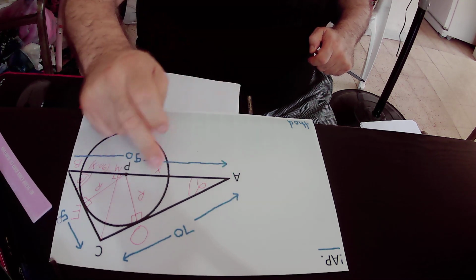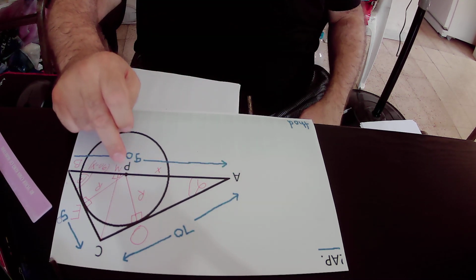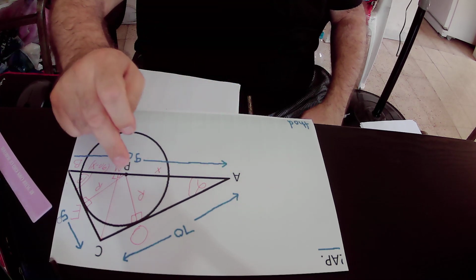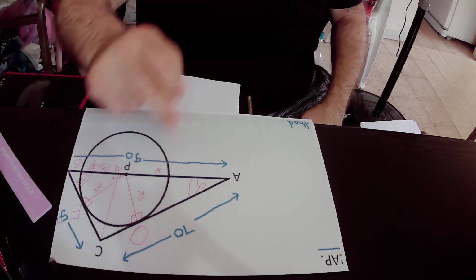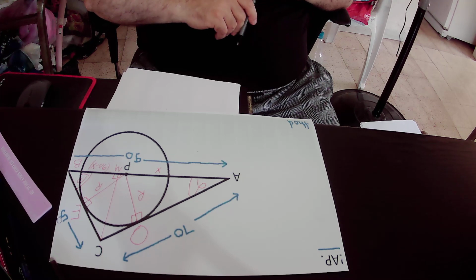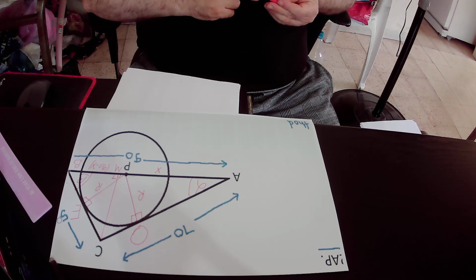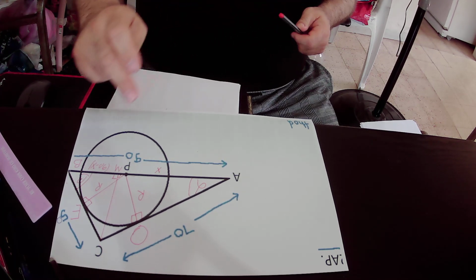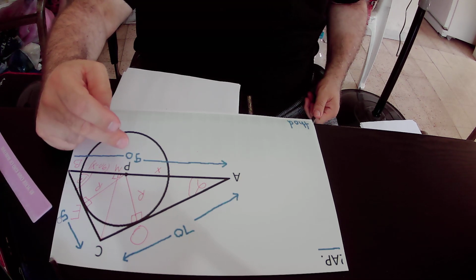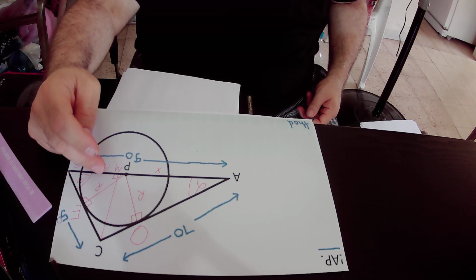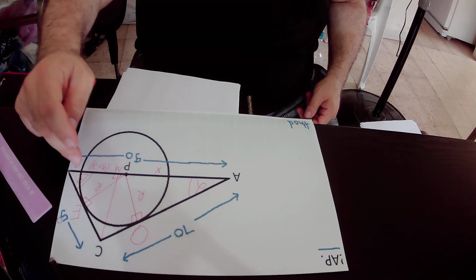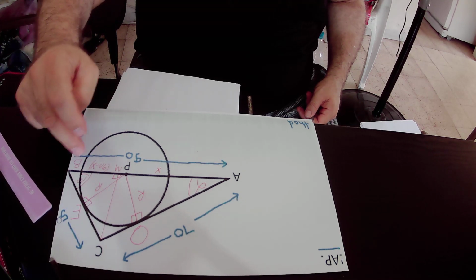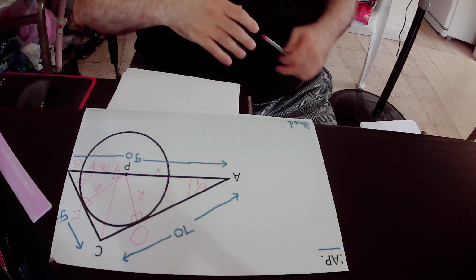AC is the tangent. For that reason, angle POA equals 90 degrees, and also angle POC equals 90 degrees. And it is true also on this side, because PE is the radius, and the tangent to this radius is actually side CB of the triangle.